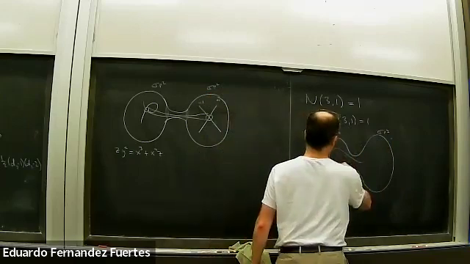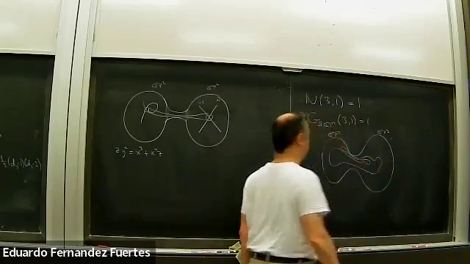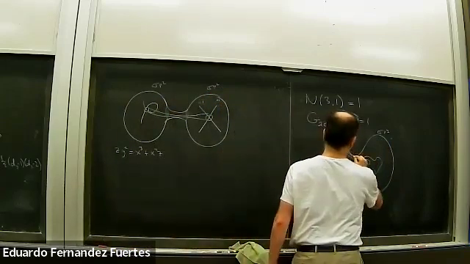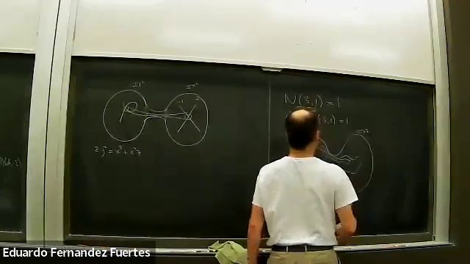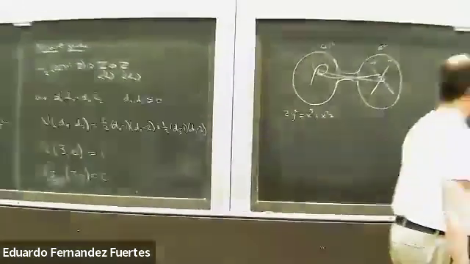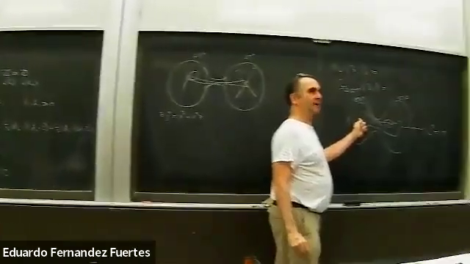It's a complicated sphere, I try to draw it. This is an S2, and the self-intersection is 3 squared plus 1 squared, so C squared is 10. Now we do the following: we blow it up 9 times.